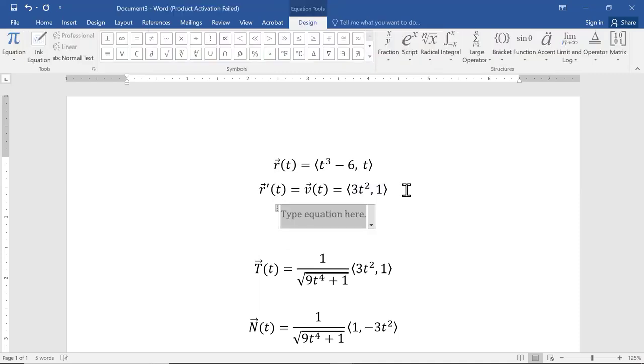Let's do acceleration. That's going to come from doing the second derivative, which in this case is going to be 6t comma 0.